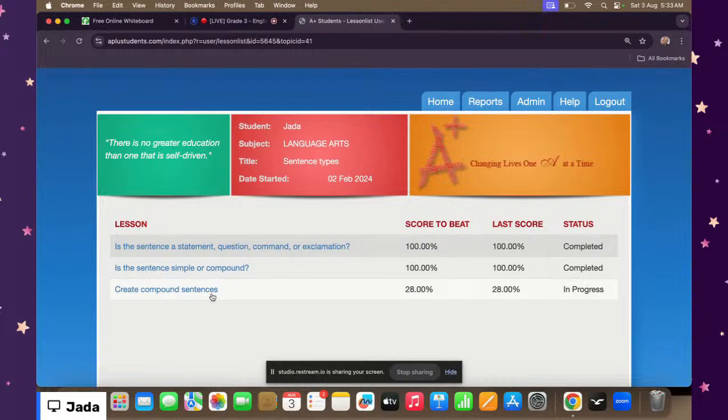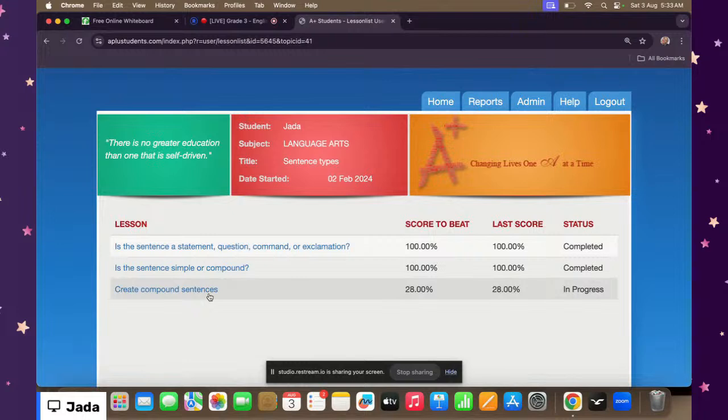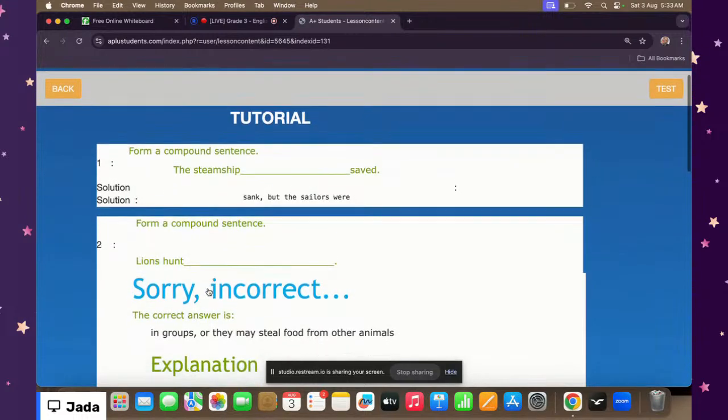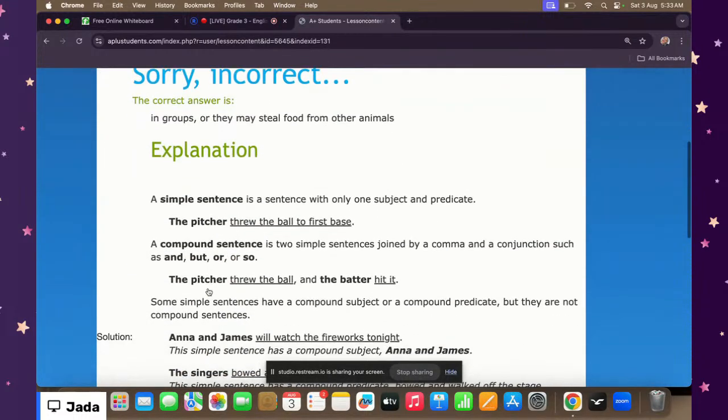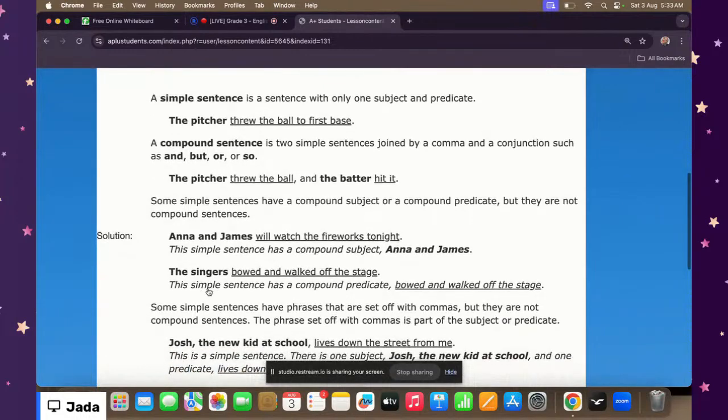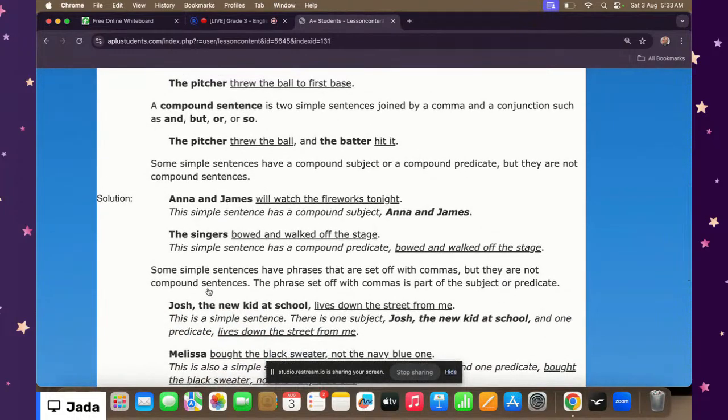The last one is create a compound sentence. We all know what the compound sentence is: it has a comma and also the conjunction.